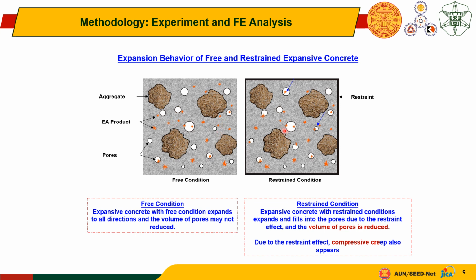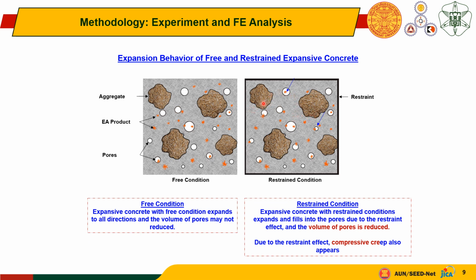However, in restraint condition, the expansive product cannot expand freely because of the effect of restraint. So some of the expansive product might fill into the pores, and the volume of pores might reduce when we use expansive concrete under restraint condition.